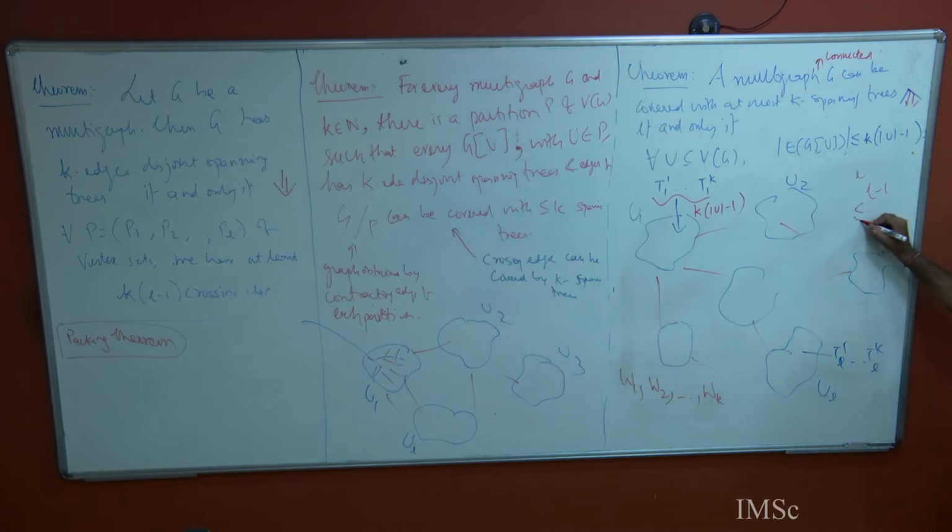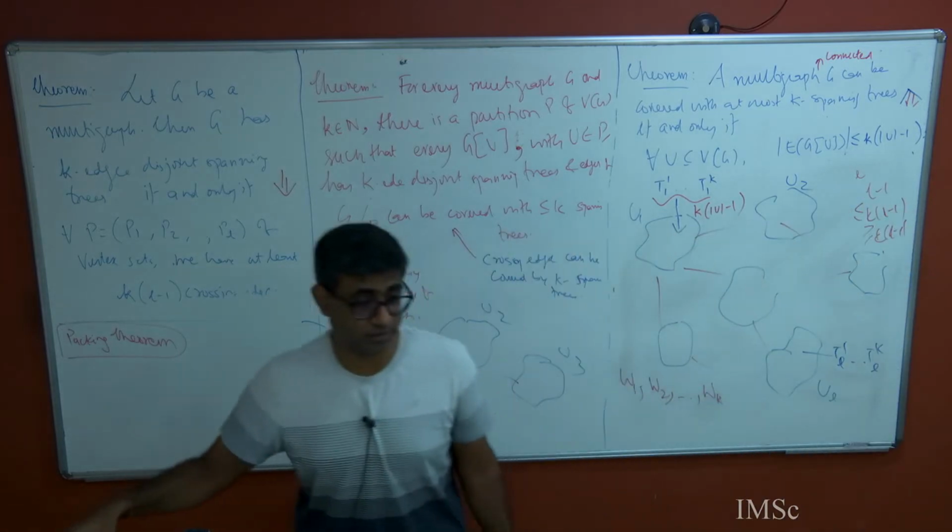At most k times L minus 1. But you told me that you have at least k times L minus 1 edges, which implies that the spanning trees used to cover all these edges had better be edge disjoint, otherwise you cannot support that many edges. So it's the cardinality which forces these spanning trees to be disjoint, which is going to force something else now.